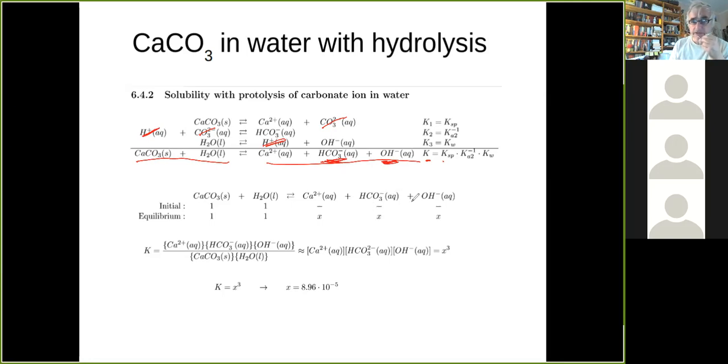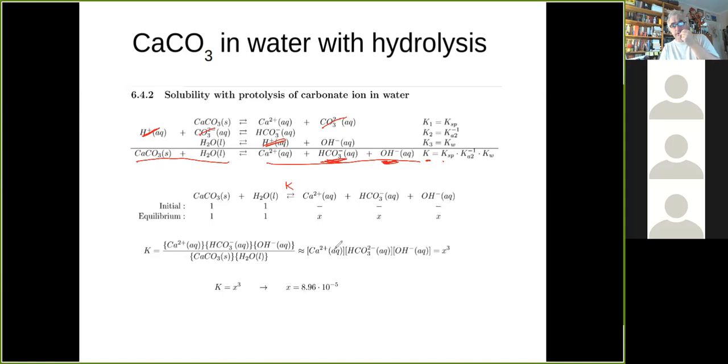So then we could actually try to use a similar type of setup. We know now the K for this reaction. And we know that we start with pure calcium carbonate and pure water. So what do we form? Well, for example, X number of calcium ions, the same number of hydrogen carbonate ions and the same number of hydroxide ions.